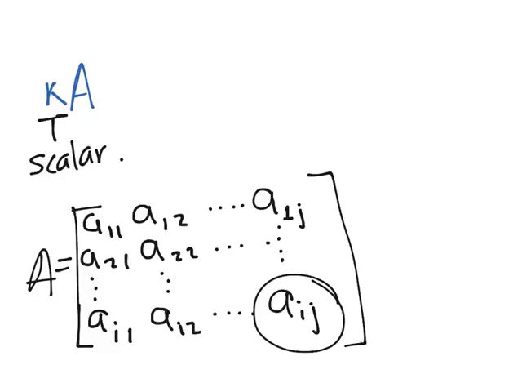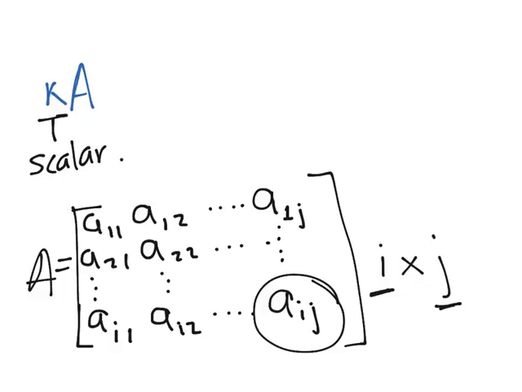Just keep in mind that you might see some matrices written like this, and it just means that you don't know what size they are, just that it's I by J. Remember, number of rows times number of columns.